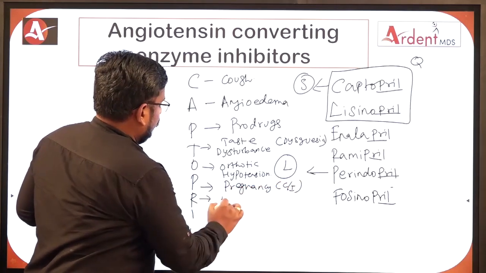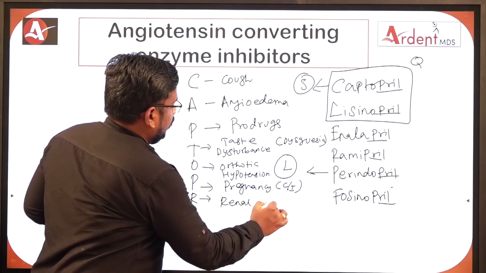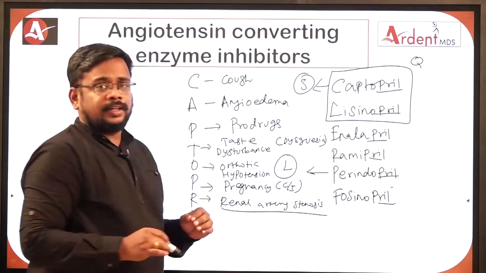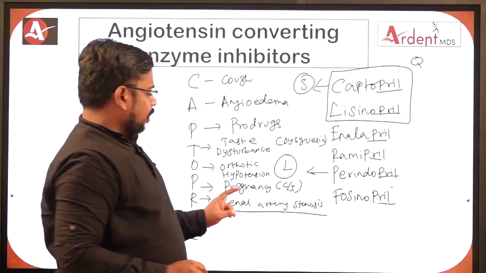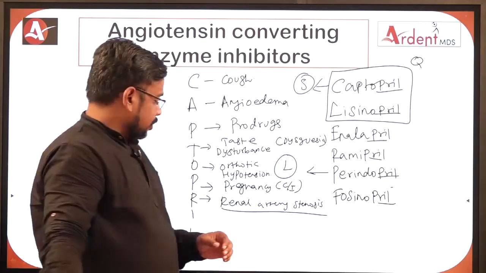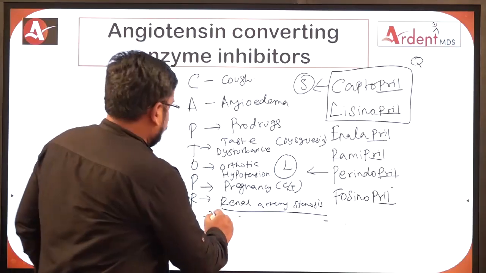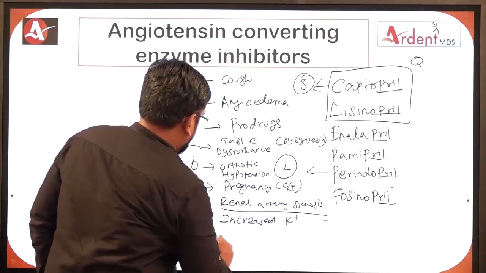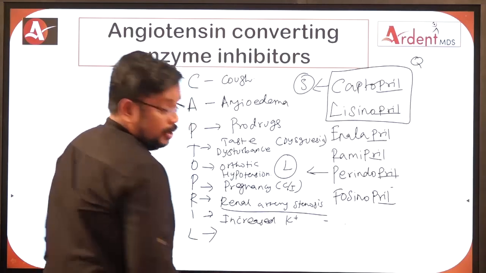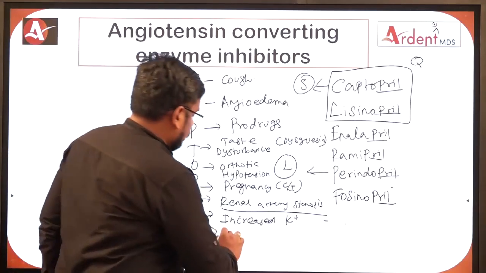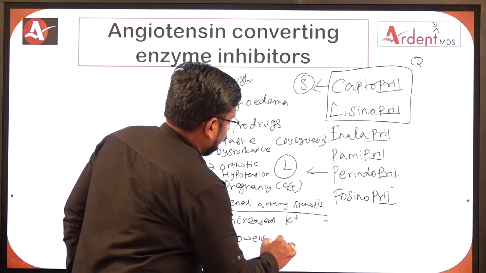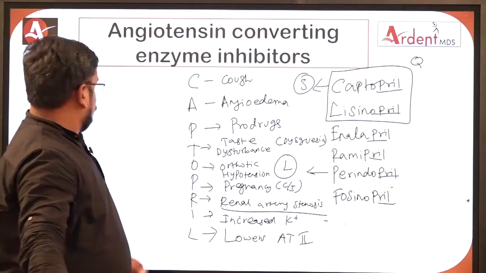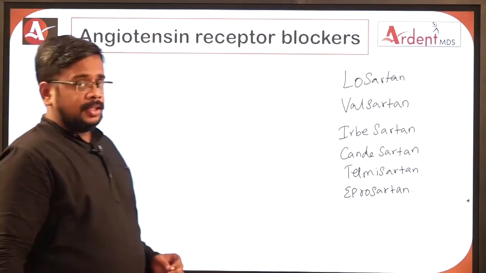And R for renal artery stenosis, so it is contraindicated in renal failure. If you give it to a renal failure patient, it causes renal artery stenosis. I for increased potassium, so hyperkalemia it causes. L for lowers the angiotensin 2. So these are the various adverse effects of angiotensin converting enzyme inhibitors.